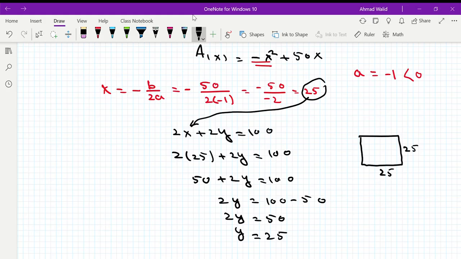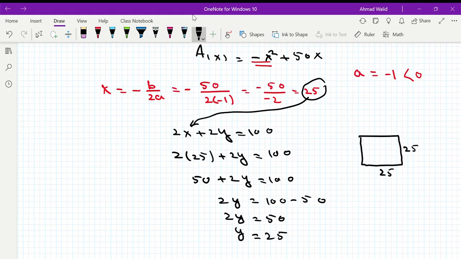Then your area will be 625 square yards, correct? And that's the maximum value that you can get out of 100 yards, correct?